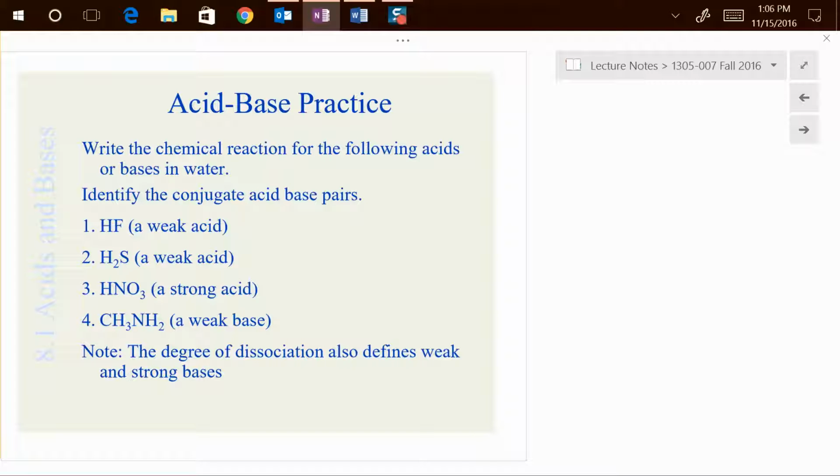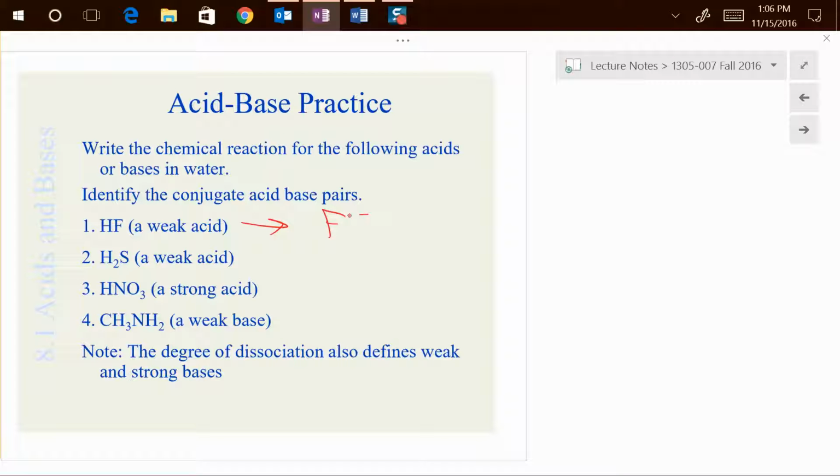An acid does what? Donates hydrogen. So what am I left with if I donate a hydrogen? F. What's the charge? Minus. Good. Okay? That's the conjugate base of HF.